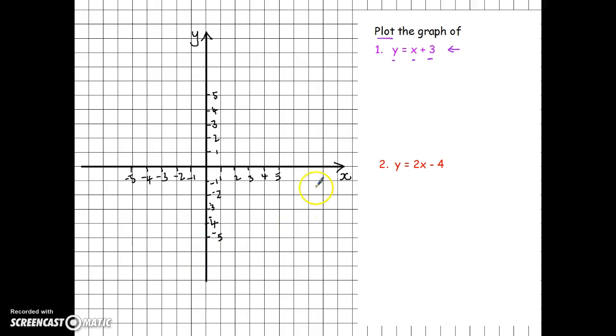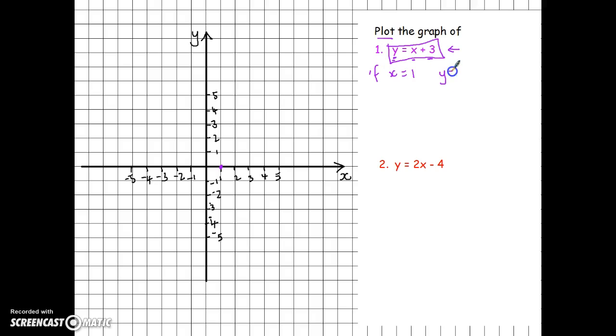Okay. So what I want are points on this axis where the y value is just 3 more than the x value. So if I start, let's say, with x equals 1, then my rule here is telling me that the y value is just the x value plus 3.